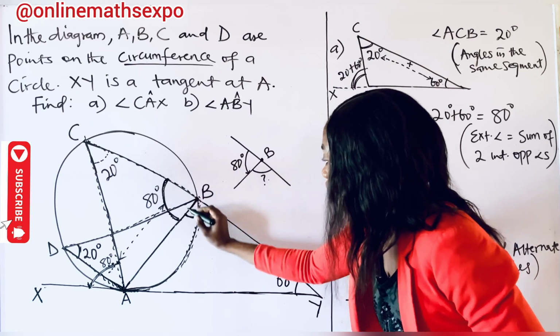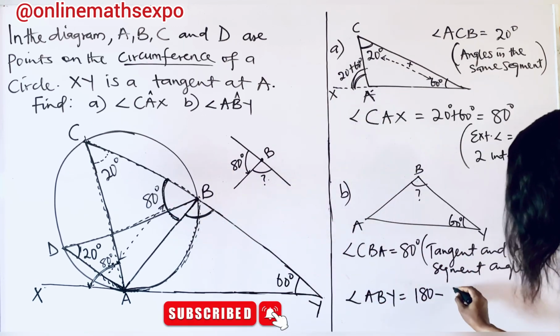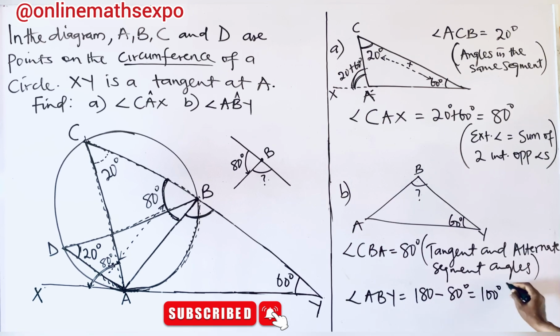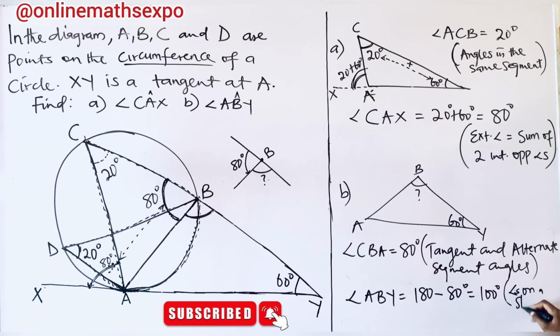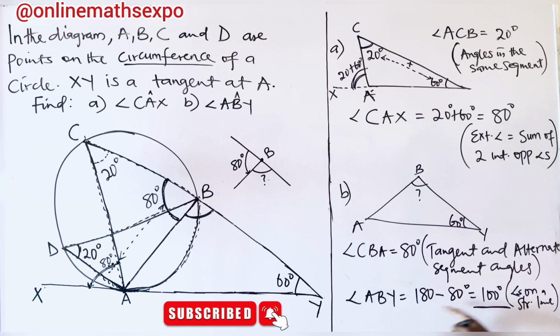Because if you have this and add it with this, it gives you 180. So take this away from 180, we are going to have 100 degrees. Our reason is what? Angle on a straight line. I hope this is clear. So we have seen that in conclusion, our angle ABY is 100 degrees.